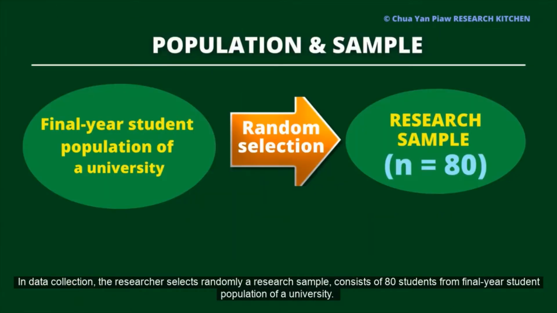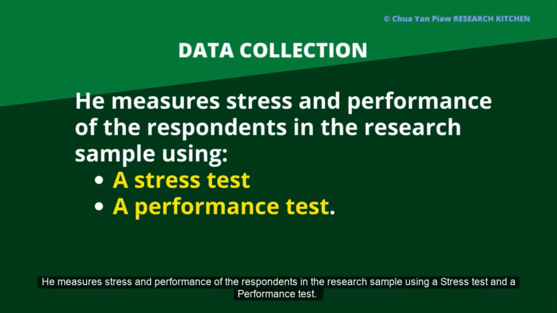In data collection, the researcher selects randomly a sample consisting of 80 students from final year student population of a university. He measures stress and performance of the respondents in the research sample using a stress test and a performance test.